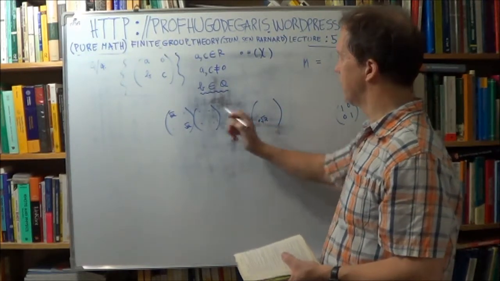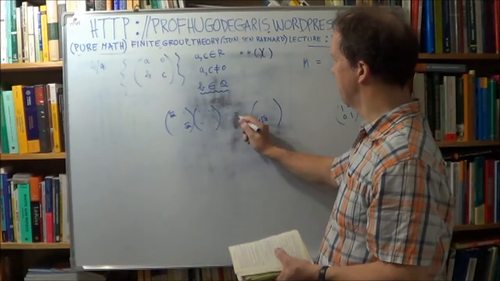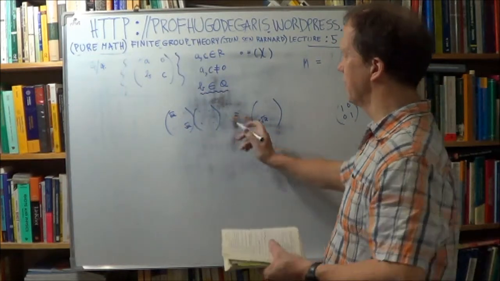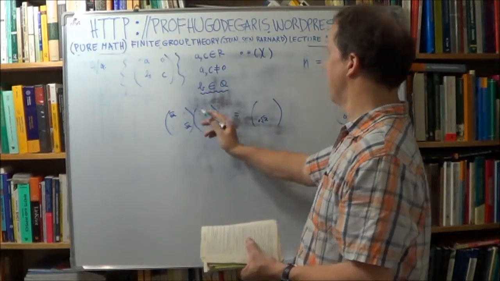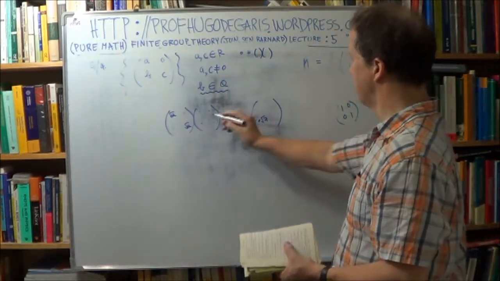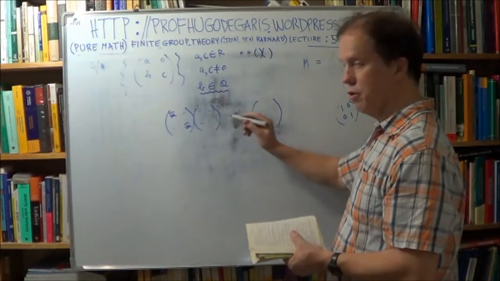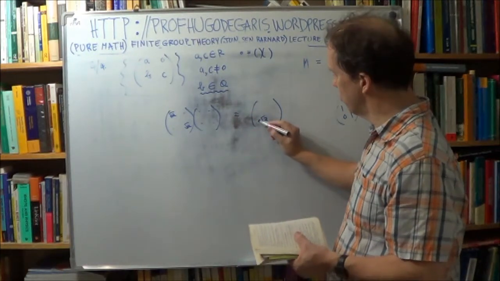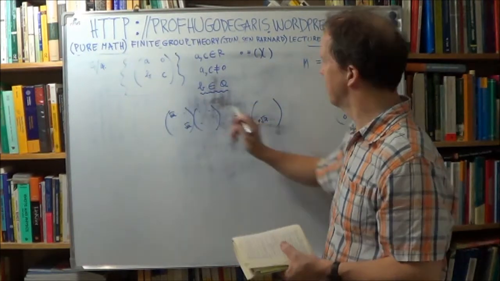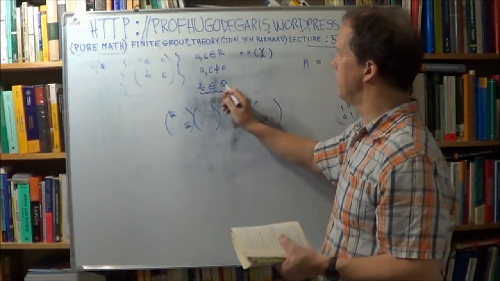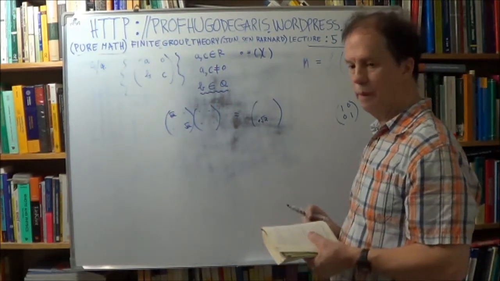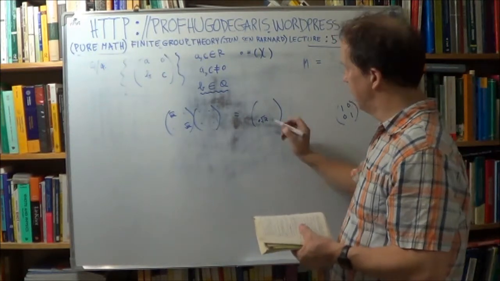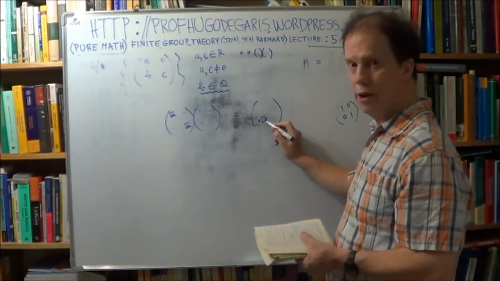So that means my result, if you actually do it, once I do the matrix multiplication, I'll end up with a root 2 in this position where B is. But B has to be a rational. But if I've got a root 2 here, that's an irrational.